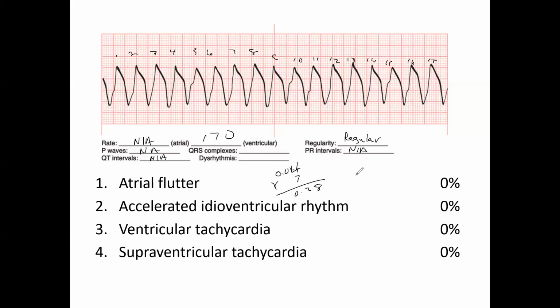Your QRS interval is supposed to be less than 0.12 seconds, or three small boxes. So this QRS complex is wide, or you could write in your number, because you calculated 0.28.